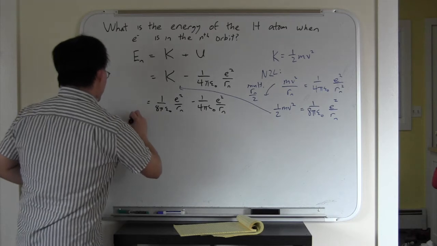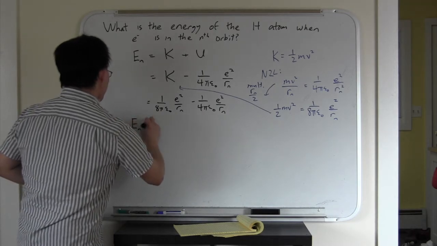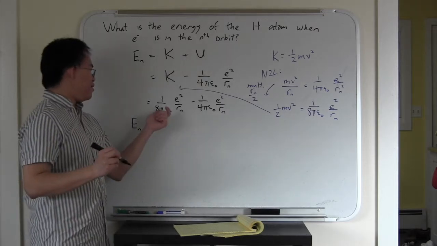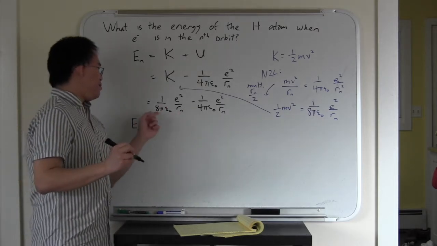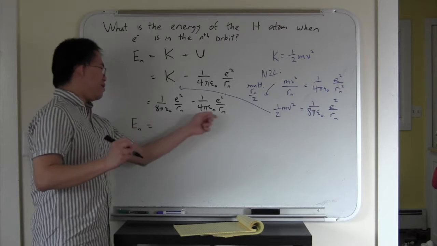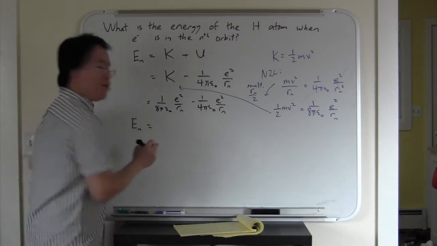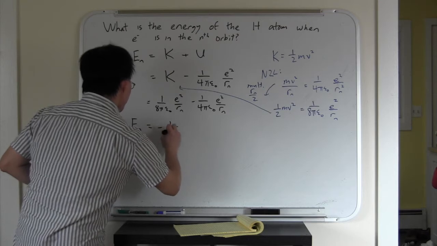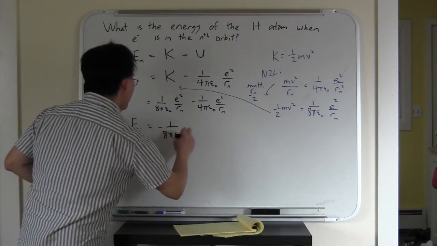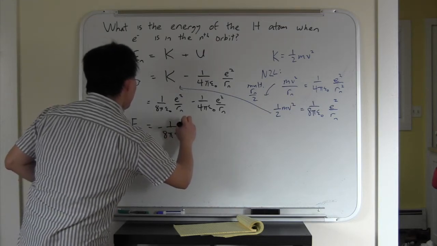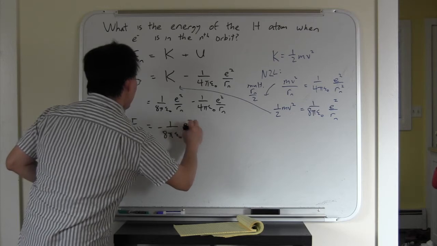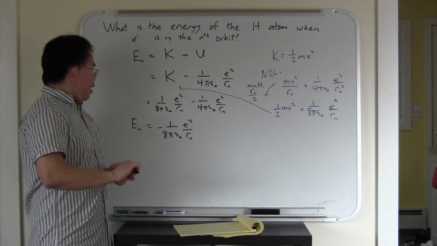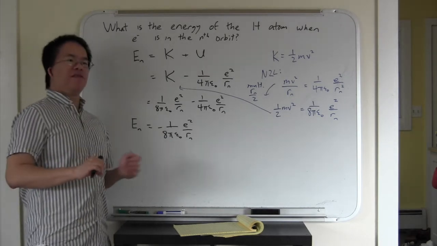And now we are able to conclude that this term is half as big as that term. We're going to end up with minus 1 over 8 pi epsilon naught e squared over r sub n. Notice the negative sign of this energy.